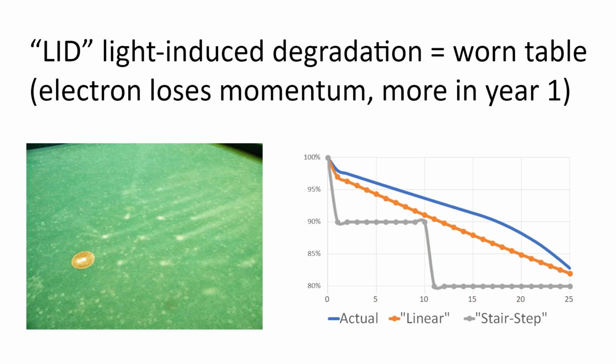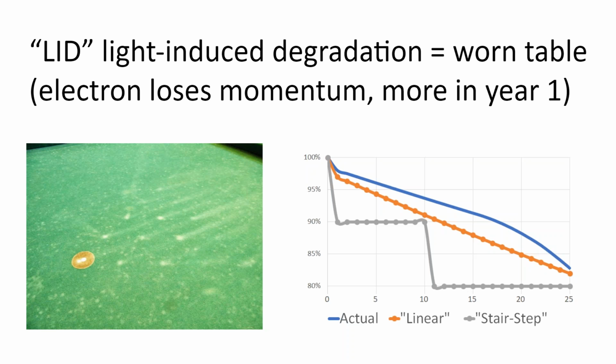The other kind of degradation is called light-induced degradation, and that is like the felt surface of a worn pool table. The billiard balls careening around the table eventually etch little gutters into the felt.